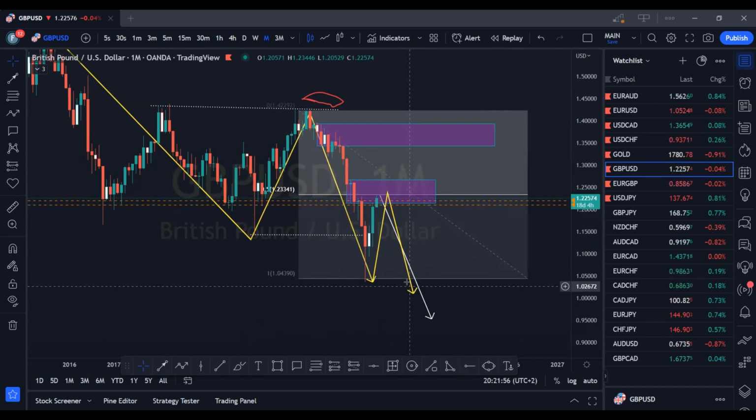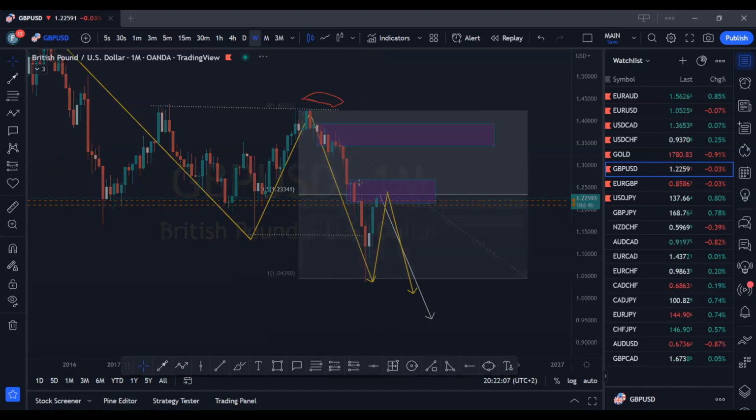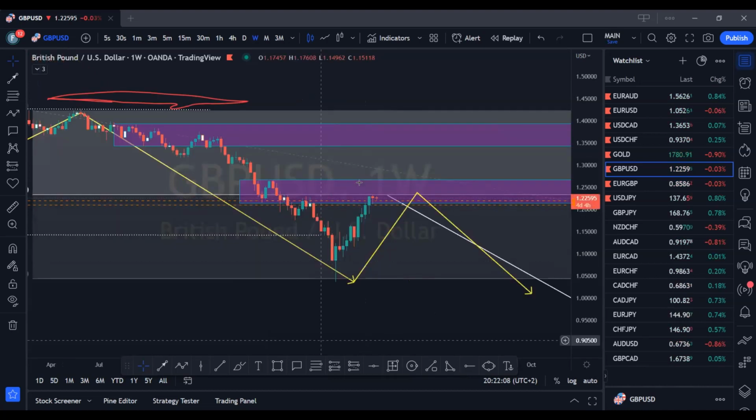I'm saying that because you should be open to the possibilities that the market is giving to you. So this is a very good zone to look for sell setups inside the zone. Hope that makes sense, my brother.